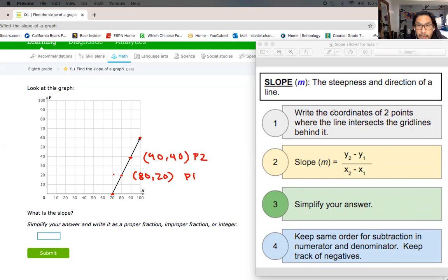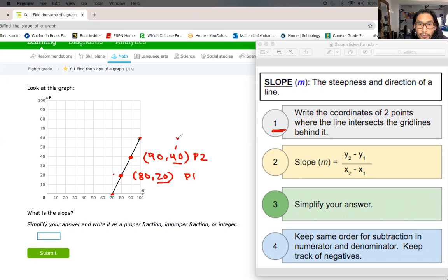Okay, so I've got the coordinates of 2 points, and I wrote the coordinates down. 90, comma 40, that's point 2. 80, comma 20. I'm using these 2 points here. Make them really big. Now I'm going to use my formula. So I've got to identify y2 and y1. I'll use red to do that. So this is y2 and y1.